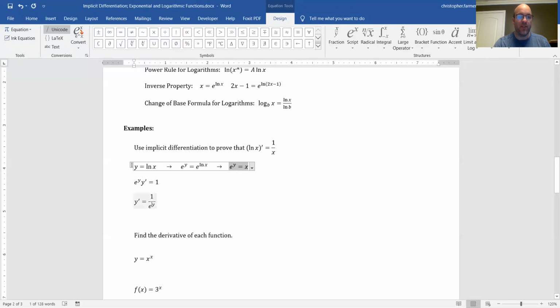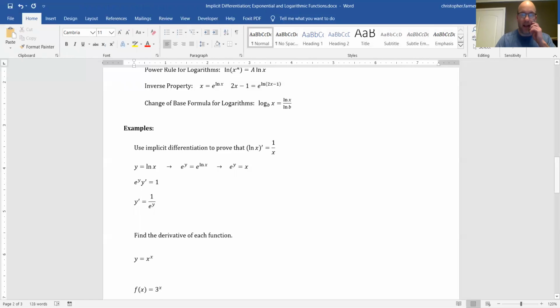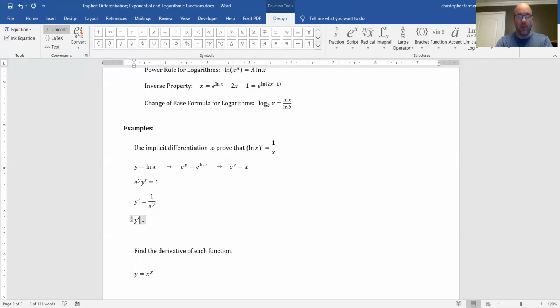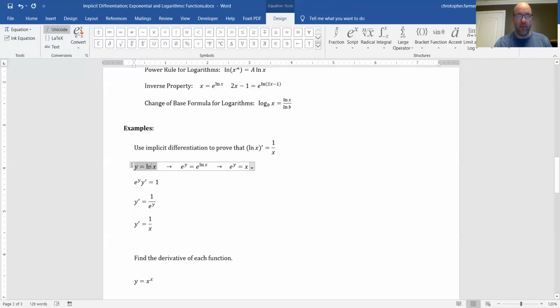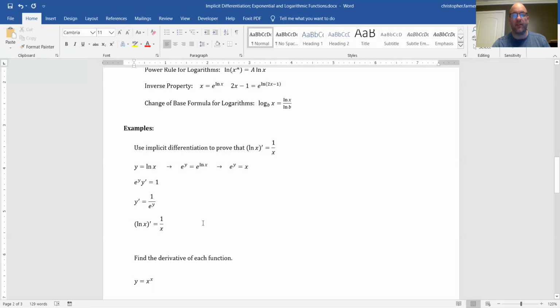This has to be true for any of this to make sense. So the last step is just making that quick replacement, that y prime is going to be 1 over x. And then finally, just keep in mind that y was, again, up here, y was equal to the natural log of x. And so what we've just accomplished is actually finding the derivative of the natural log of x.